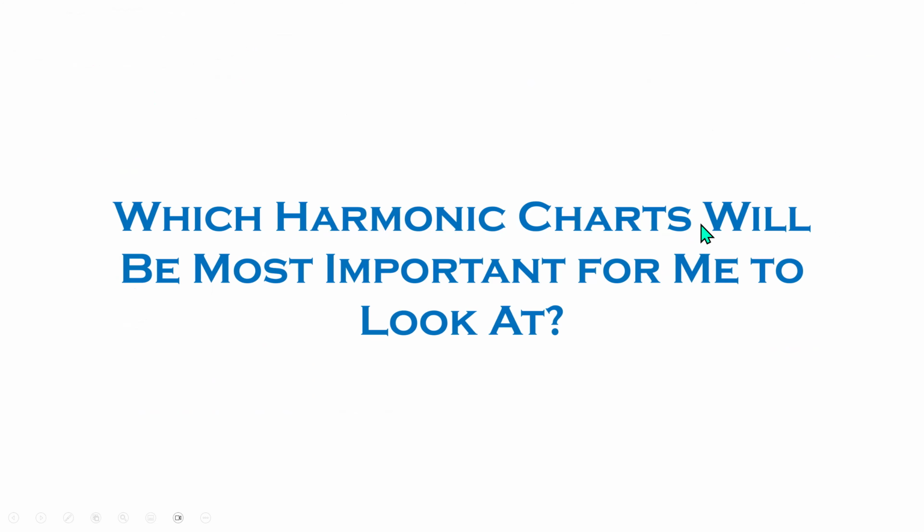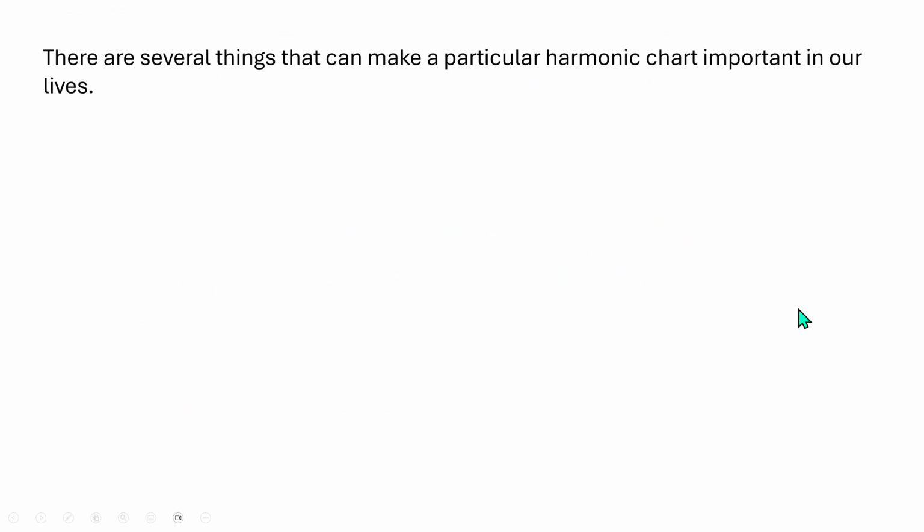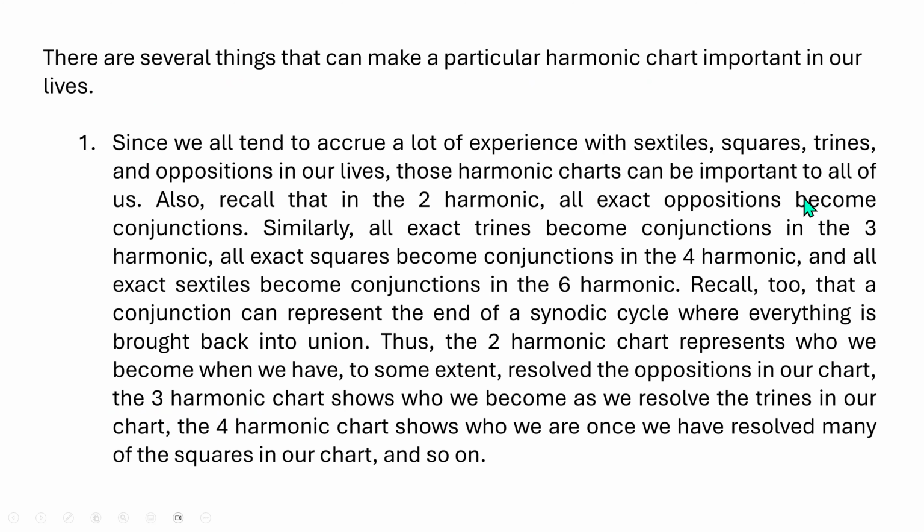Okay, which harmonic charts will be the most important for me to look at? That is a very good question, and there are several things that can make a particular harmonic chart important in our lives. First, since we all tend to accrue a lot of experience with sextiles, squares, trines, and oppositions, those harmonic charts can be important to all of us.